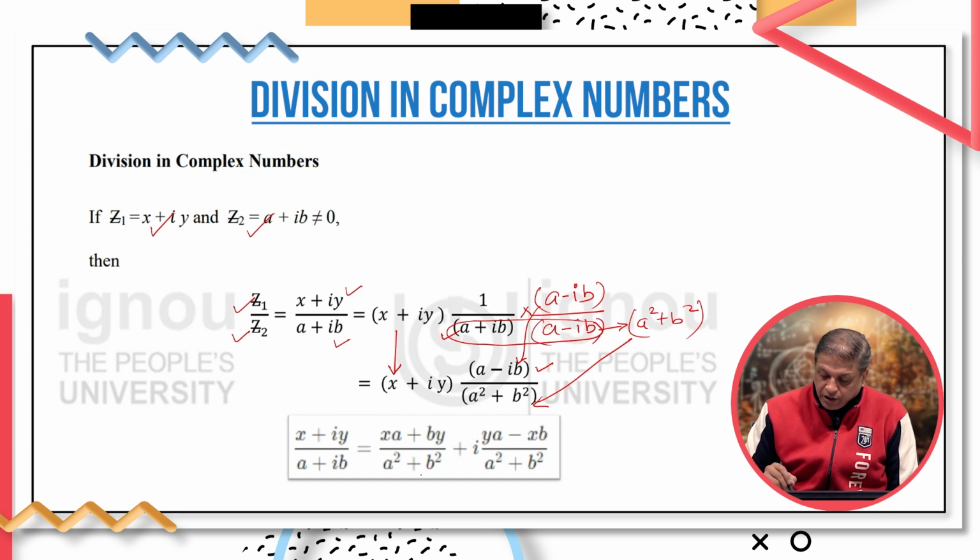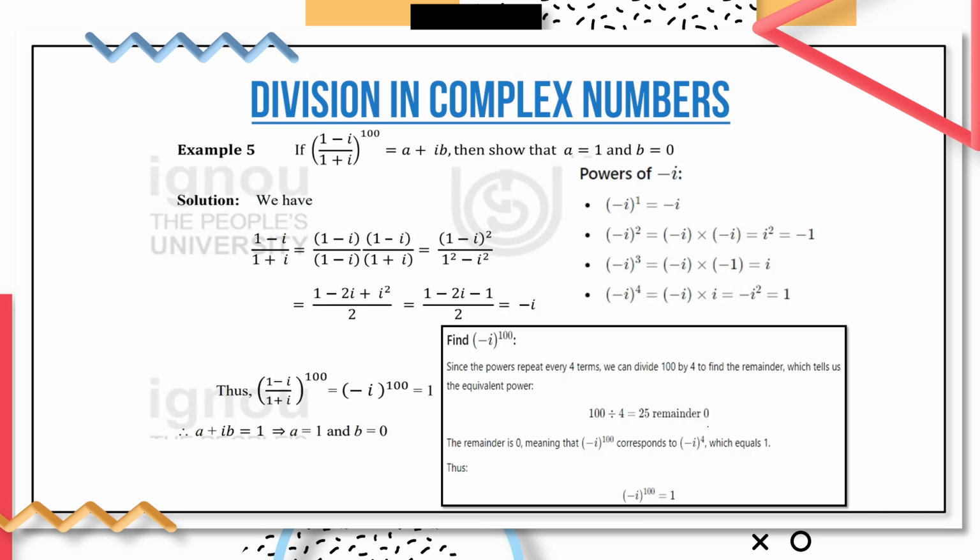And thereafter, just by multiplying and separating the real and imaginary part, you will get this expression. So this is obtained after performing the division operation on the two complex numbers. So, let us solve some numericals for better understanding.